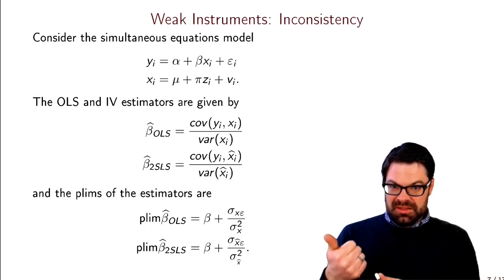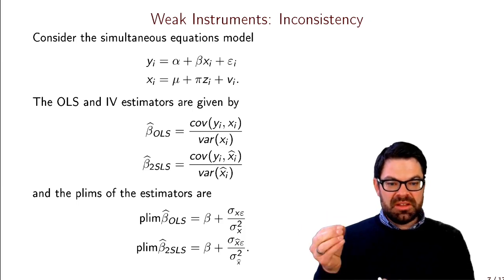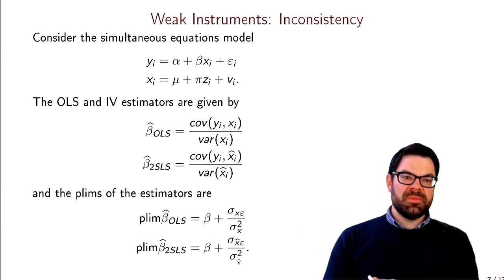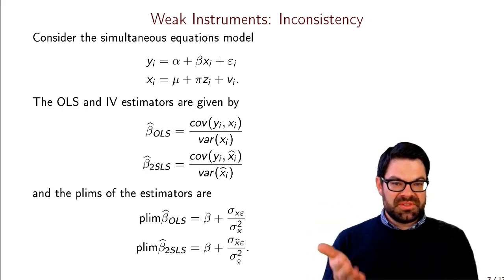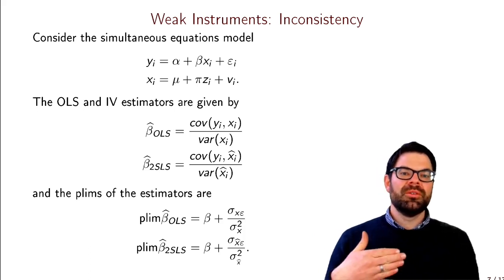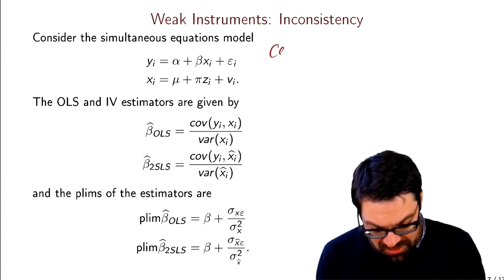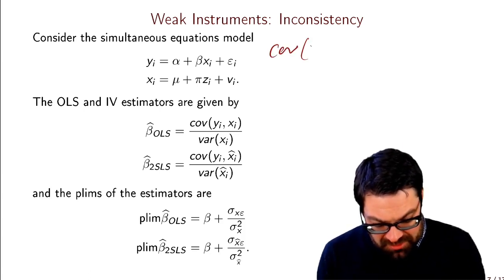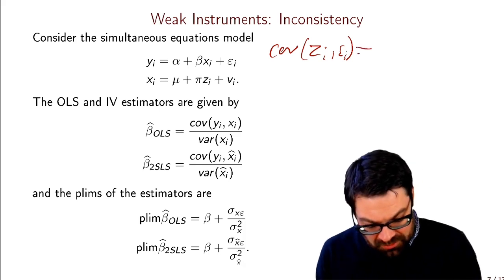So that was the first issue, which is that weak instruments inflate the variance. Now there is another problem, which is that weak instruments exacerbate the problem of inconsistency, which arises if the instrument is invalid. So you may have a scenario where the validity of the instrument, which is governed by that covariance, doesn't hold.